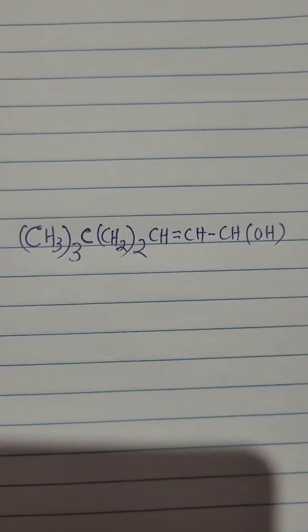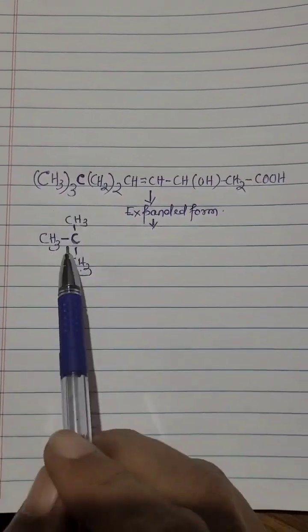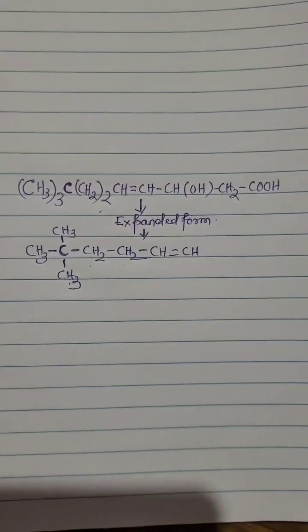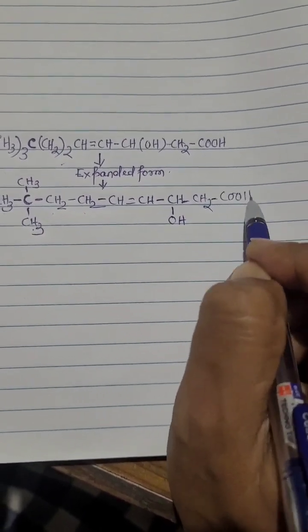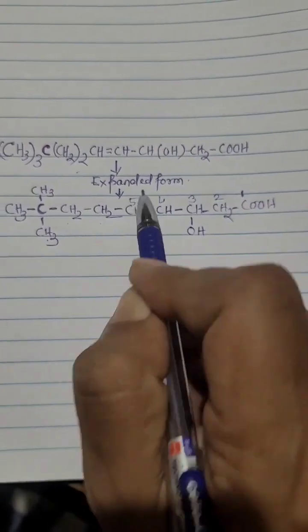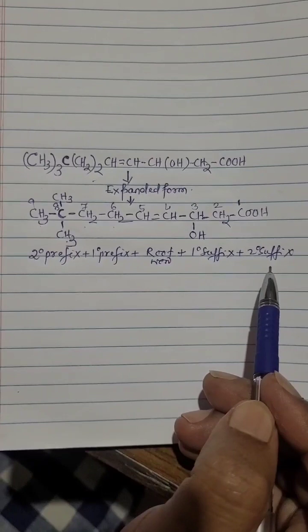We have to write it in expanded form, and the IUPAC name is as follows: secondary prefix, primary prefix, root word, primary suffix, then secondary suffix.